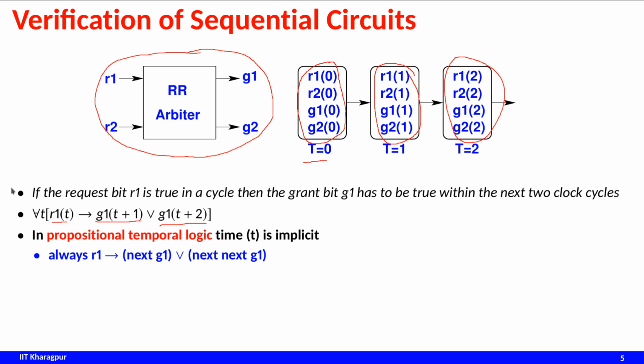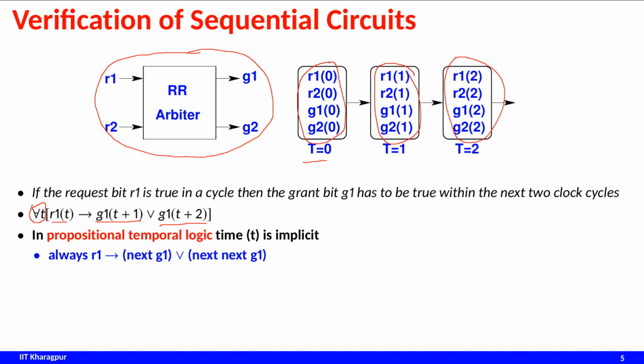I also need to say that this is true for any time step. It is not only for t, but it should hold for any time step. So the overall idea comes from propositional logic, but we have to introduce a notion of time in that logic, whereas in propositional logic the time is implicit.